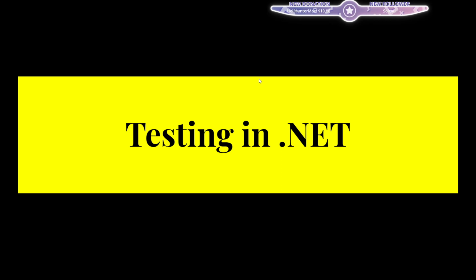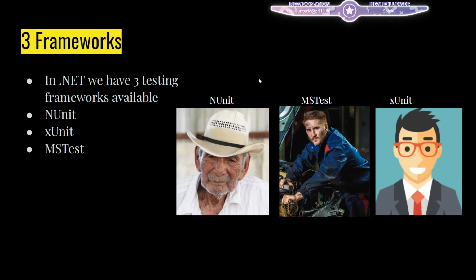How does that look like in code? Or what options do we have? And there are three frameworks in .NET that we can choose from for testing. It's NUnit, MS-Test, and xUnit. I chose those pictures as representation of what is each test representing.